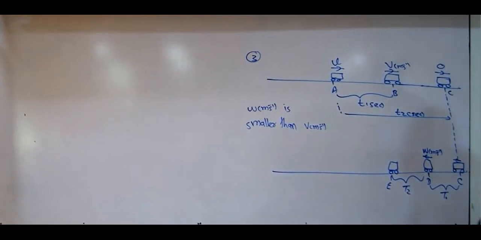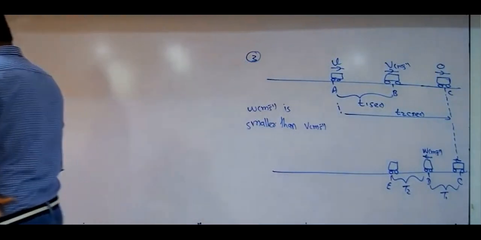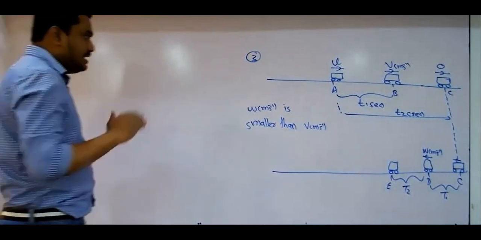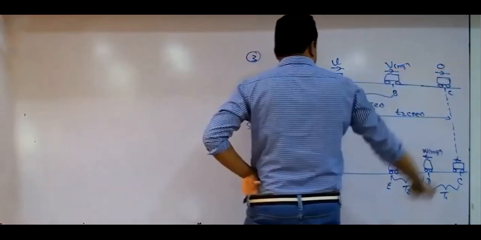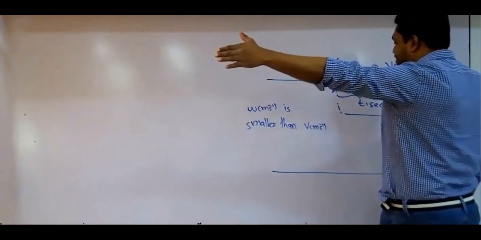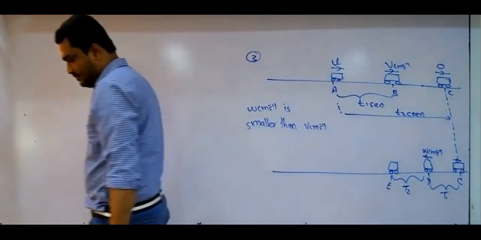Therefore, the distance traveled in the right hand side direction is smaller than the distance traveled in the left hand side direction.